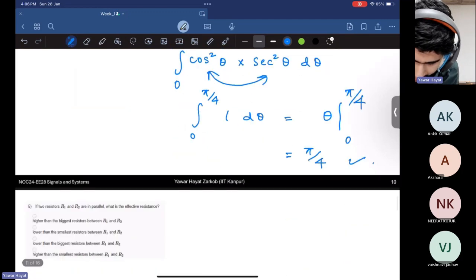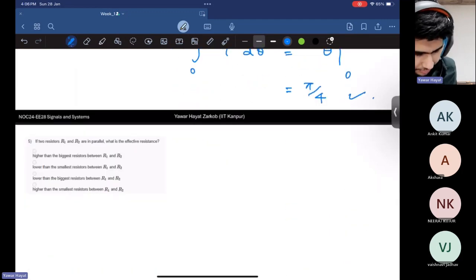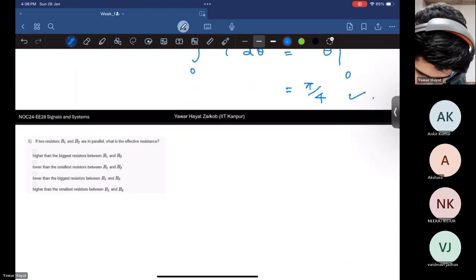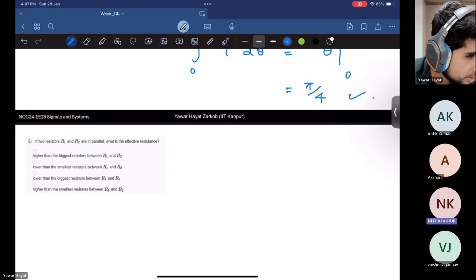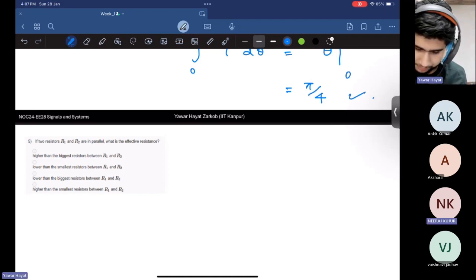Okay, I can take this resistor problem first. This is question 5. I want you all to attempt it and let me know in the chat. Sir, please zoom in, the question is not visible clearly.